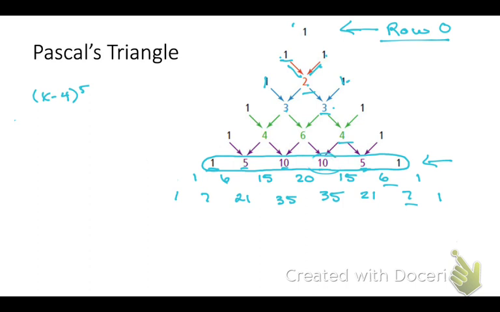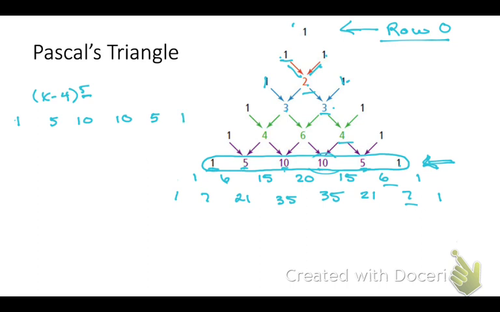So in this row, because there is a 5 here and we are on the 5th row, this tells me the coefficients. It tells me the first coefficient. There are going to be 1, 2, 3, 4, 5, 6 terms, and they're going to be 1, 5, 10, 10, 5, 1.